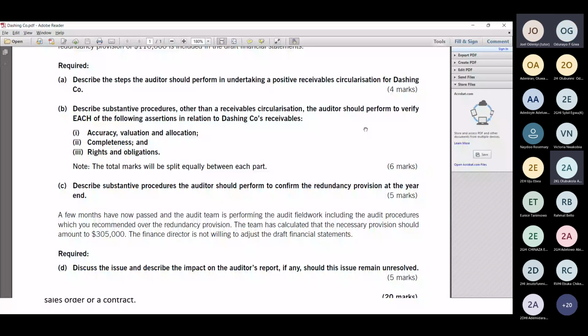Now, when I say you're not restricted to any particular assertion, it means that the examiner did not tell you to focus on valuation alone or existence alone. That's what I mean, right? So when it comes to financial statements, okay, go ahead so that we're not interfering with what each other wants to say.